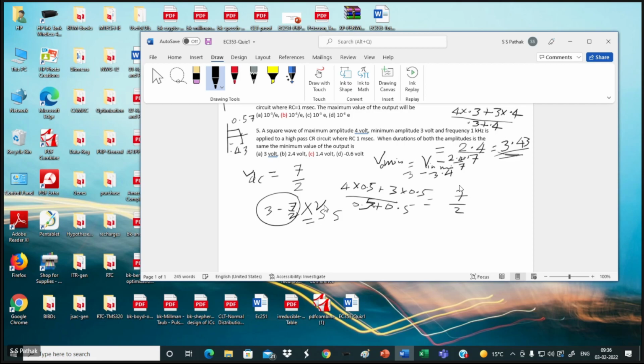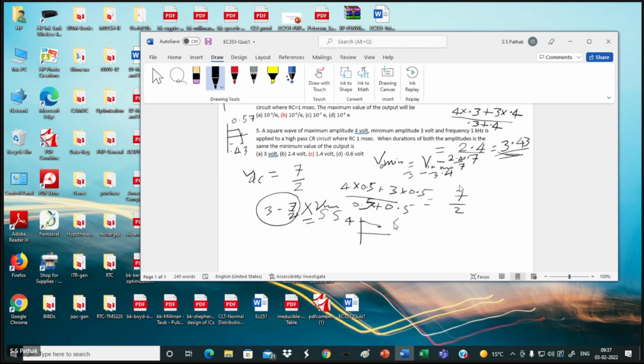That is the steady state. But the transient response, no, transient also will be similar, anyway, let us see, how much will it be? You start from here, the CR circuit, so the voltage is here, this is my 4 volt. 4 volt is applied, it starts falling. It falls to this value.